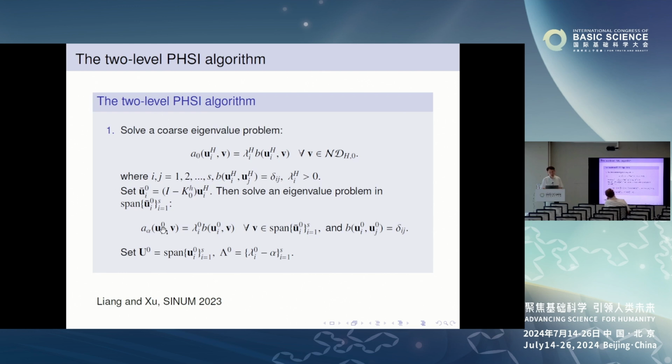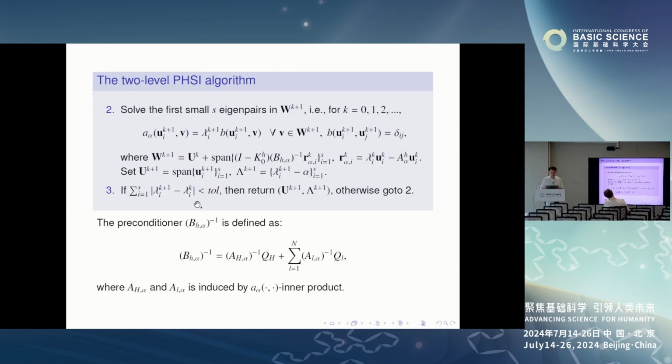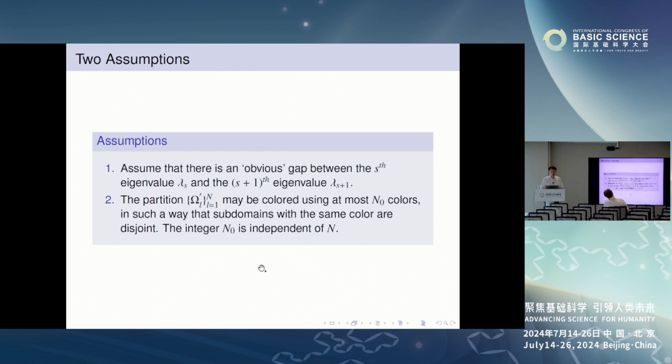You first solve coarse eigenproblems, then solve small eigenvalue problems on these, and you can check some tolerance and then return to iteration. The key point here is that you should design the preconditioner like this, which is some of these source problems.